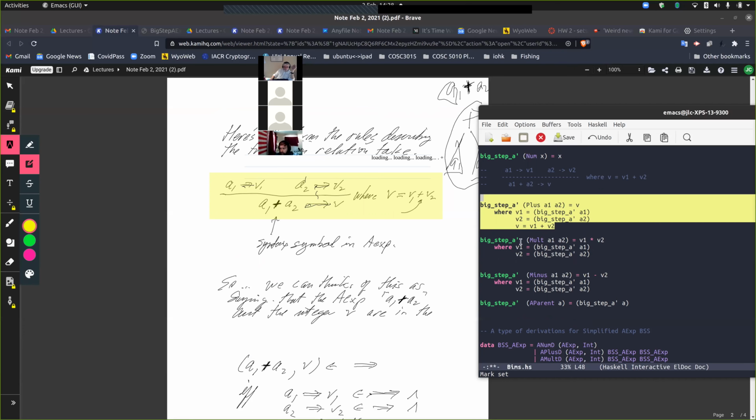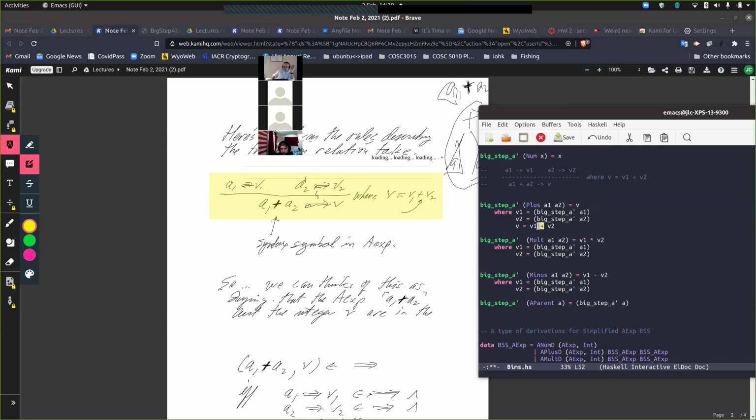So big step A prime says if I have a syntactic object that looks like a syntax tree, whose root is plus, that's what we're saying here with this plus over here, and whose left subtree is A1 and whose right subtree is A2, that evaluates under the big step semantics to V, as long as A1 evaluates to V1 and A2 evaluates to V2.